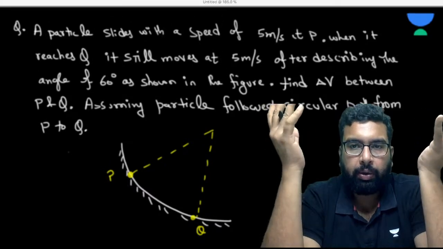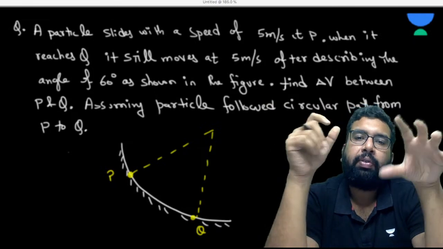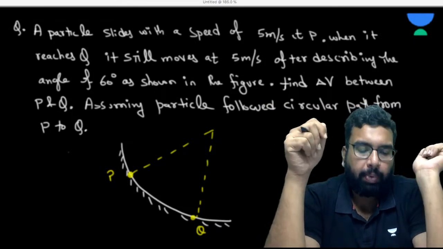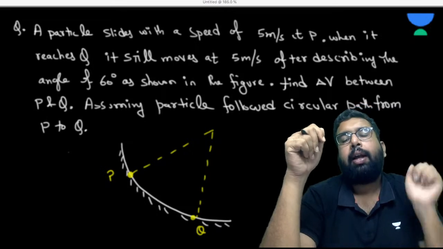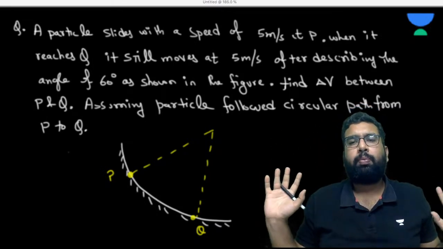So like you can take up the example. Let's suppose we are having a string, and we have tied up a stone over it, and you are rotating it like this. This is something like uniform circular motion.